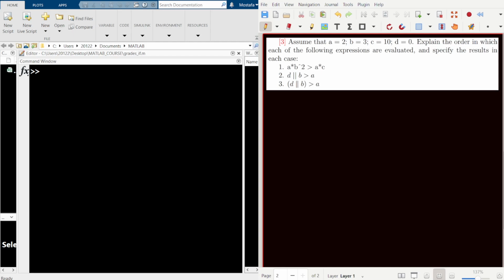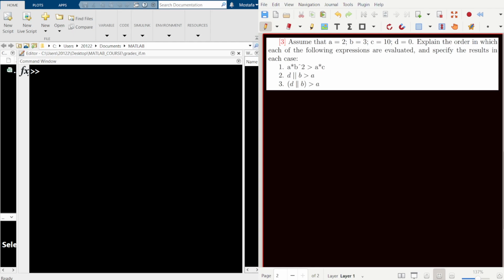Suppose we have these values for A, B, C, and D. A is 2, B is 3, C is 10, and D is 0. We would like to explain the order of the calculations and then find out the final answer. So let's start with the first one. In the first one, because we have mixed arithmetic and relational, the arithmetic goes first.